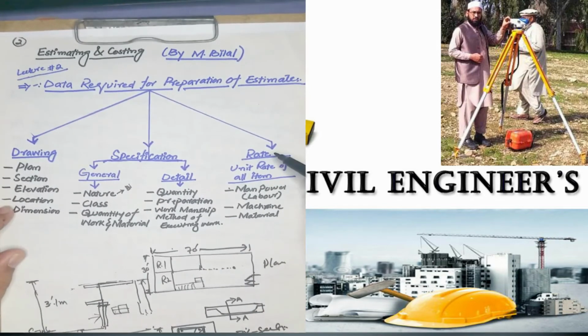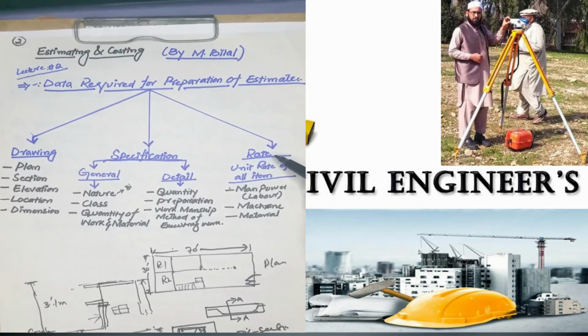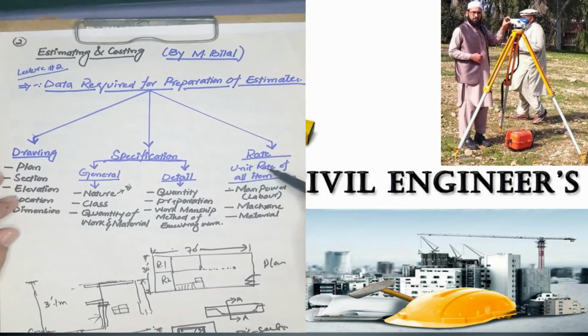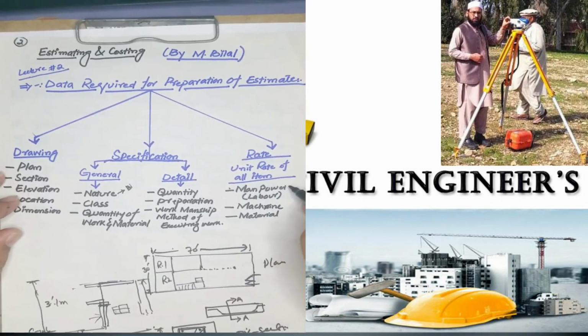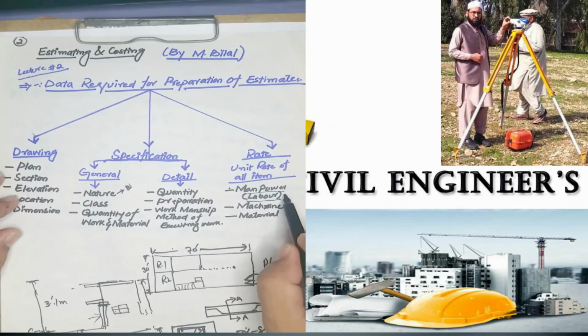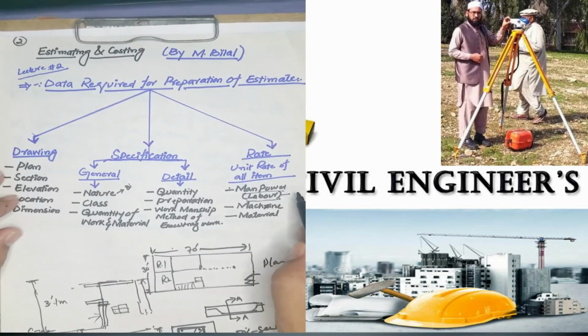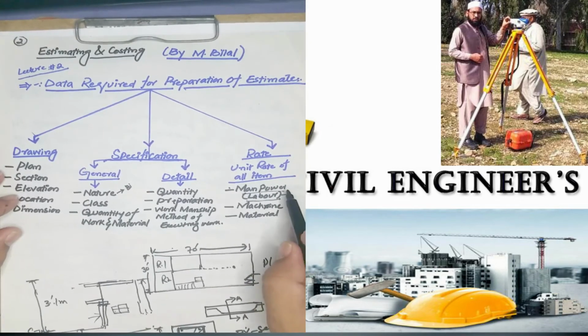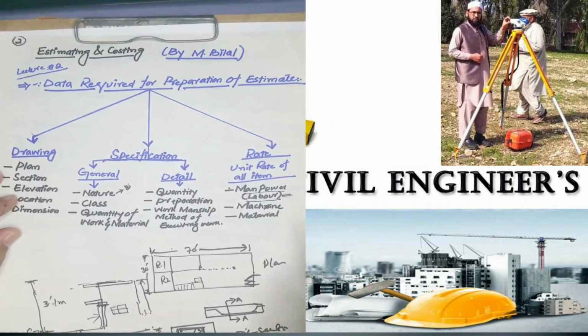The third one is rates. What is meant by rate? Unit rate of all items. First is manpower: per day wages for a laborer, a mason, and a steel fixer will be required.